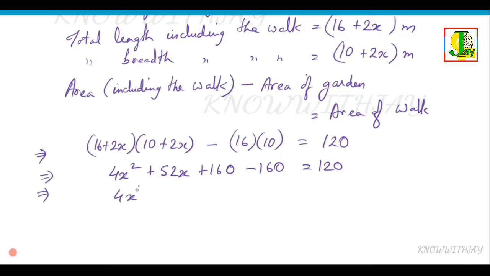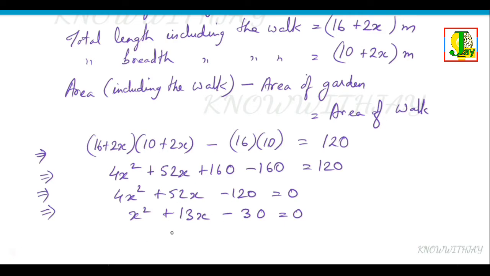So we have 4x square plus 52x, this is gone, and we have minus 120 equals 0. Now the whole expression divided by 4, we get x square plus 13x minus 30 equals 0. 4 divided by 4 on both sides, so we get this quadratic equation, x square plus 13x minus 30.